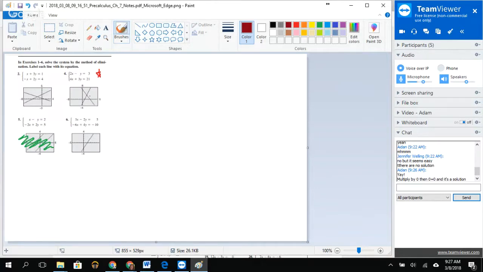So let's just show real fast. We have 3x minus 2y equals 5, and we have negative 6x plus 4y equals negative 10. So I might as well eliminate x because that's nice and easy.